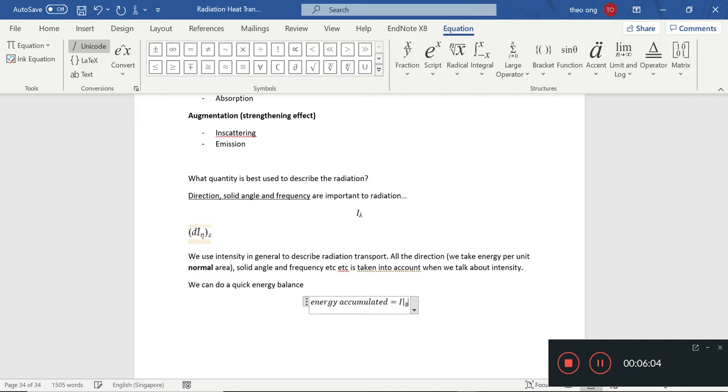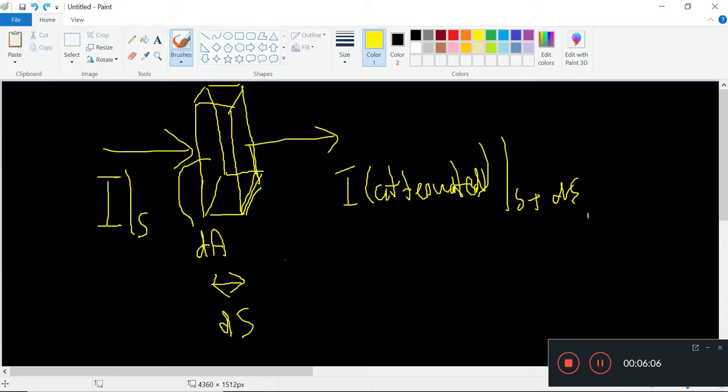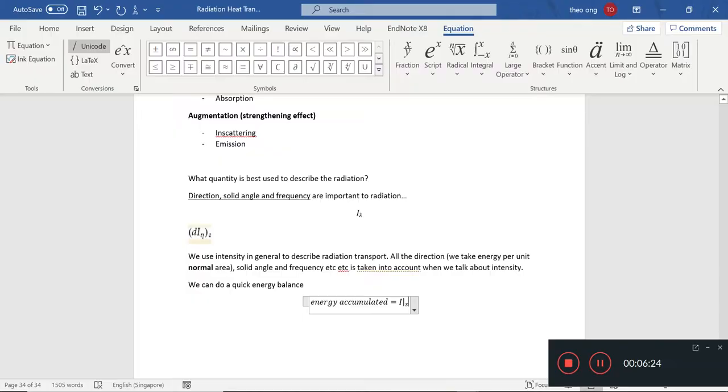Sometimes we don't like to use X, Y, and Z coordinates here because we are not necessarily having radiation traveling in the X, Y, or Z direction. So we just use the direction S, or the length unit S, to describe the path that this radiation is going through.